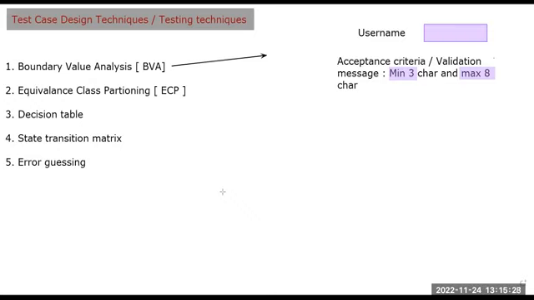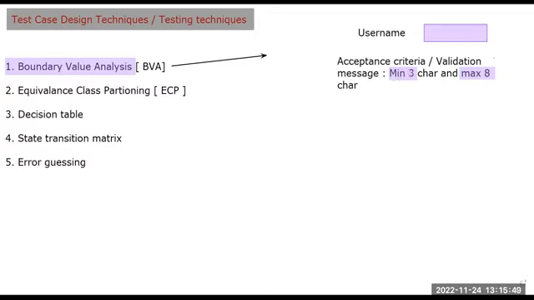That is the first thing you guys need to remember. For an input field where we have some minimum and maximum validation, we have to apply boundary value analysis. Cool. Now, boundary value analysis says that we have to test the boundary range values.